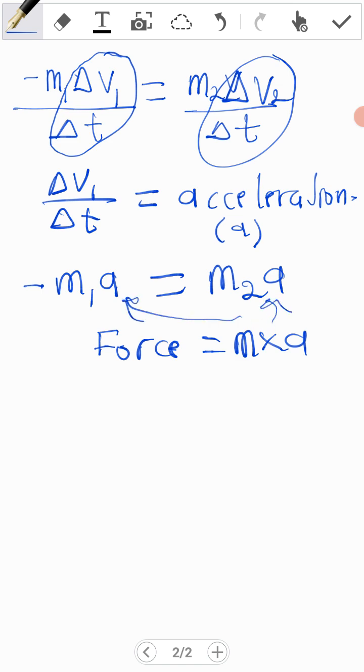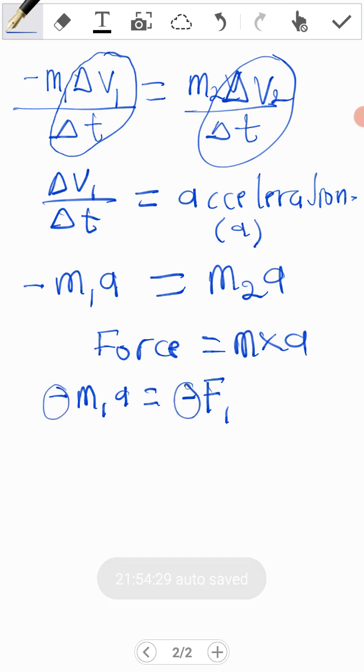So negative m1A is the same as negative F1, that's force equal to mA. Because there is a negative sign here, we have to bring the negative sign here.